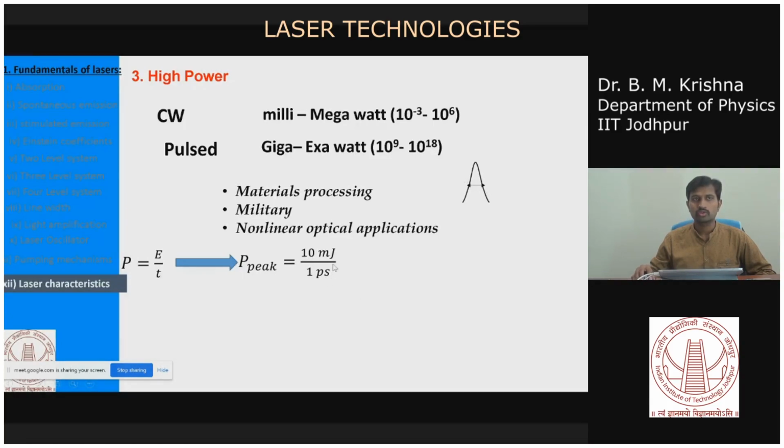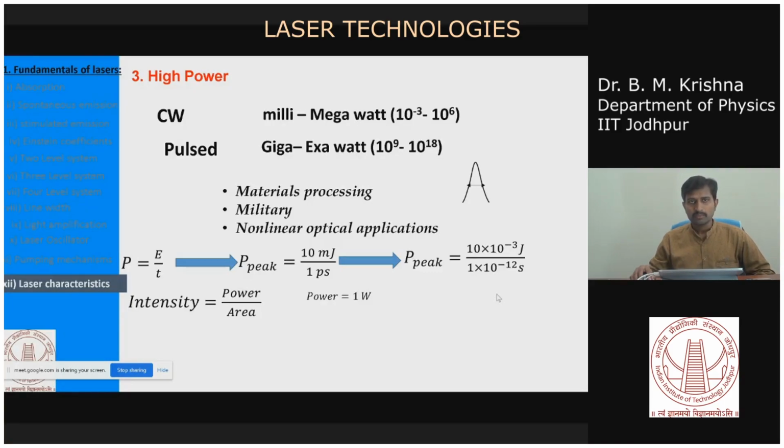That gives you your peak power. It is 10 into 10 power minus 3 joules, and 1 picosecond is 10 power minus 12 second. From that you can calculate, it becomes 10 power 7 joules per second.